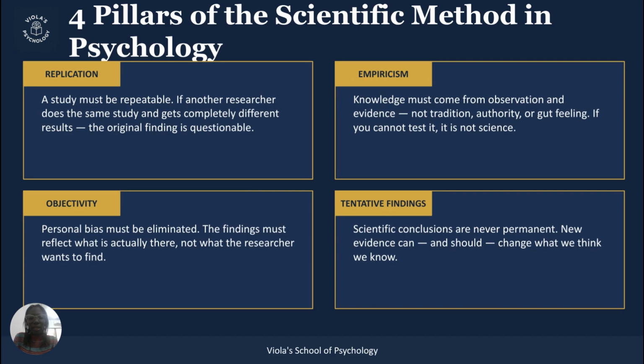Okay, so pillar 3 is objectivity, which I have mentioned over and over again. I'm sure by now it's already stuck in your head. Alright, this means that personal bias must be removed from the process. For example, a researcher who wants a certain result, there's a result you are expecting from this study. Okay, this researcher will consciously or unconsciously design a study that produces that result.